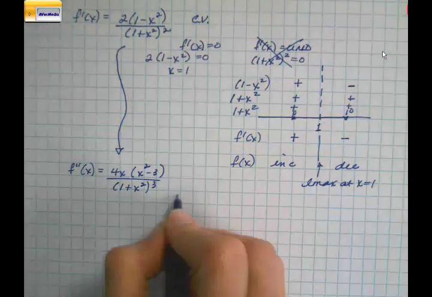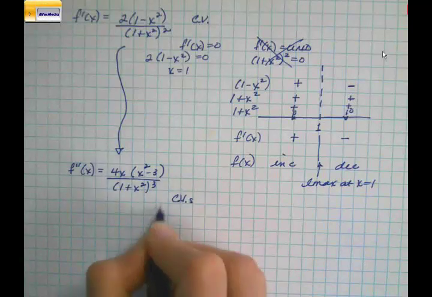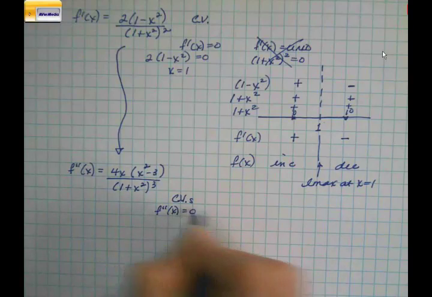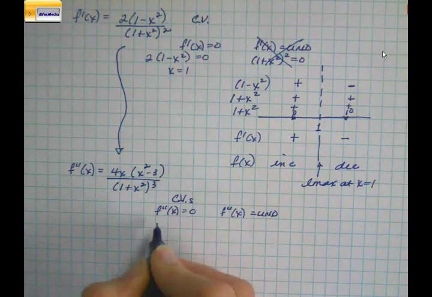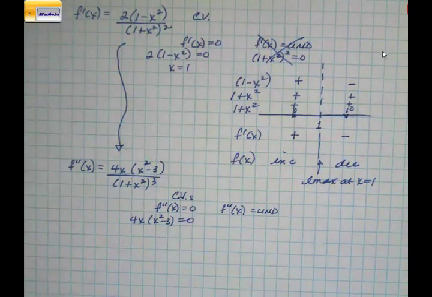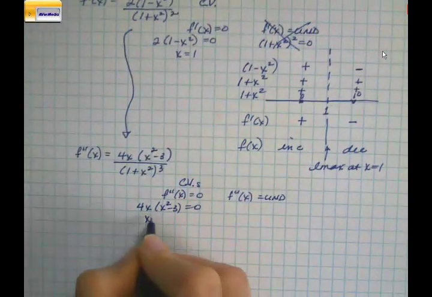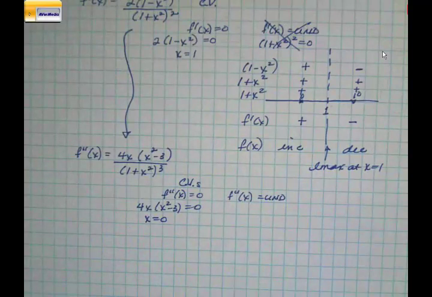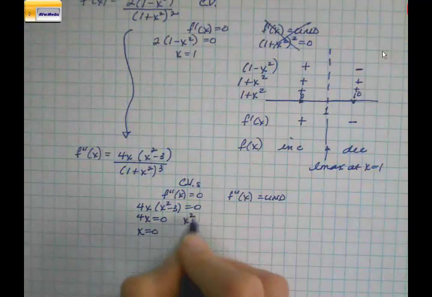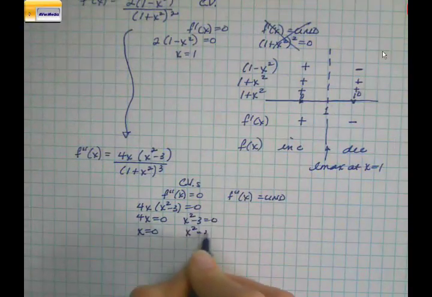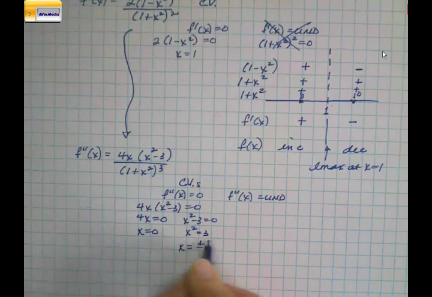Okay, so the critical values of the second derivative are where the second derivative equals 0 or where it is undefined. For it to equal 0, the numerator equals 0, which would give you critical values of 0 and what? x squared minus 3 equals 0, so plus or minus the square root of 3.